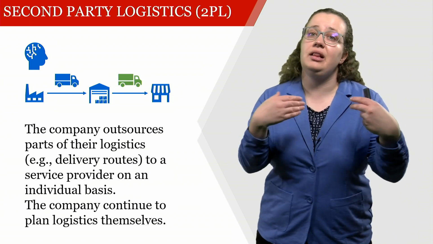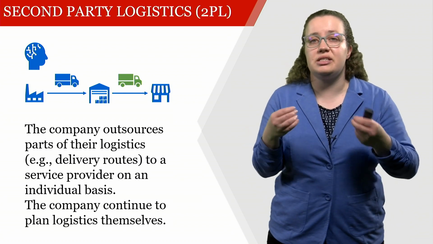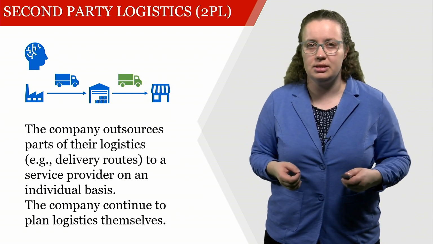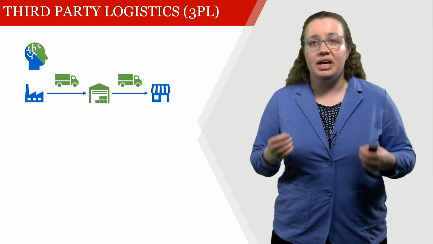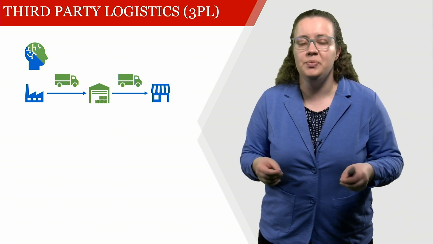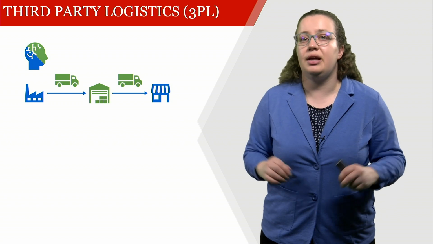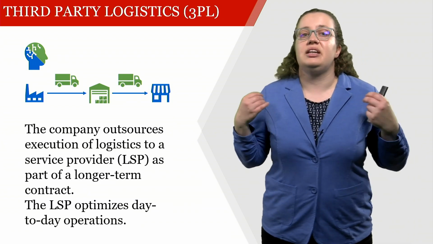If they want to give a little bit more away, because logistics for a lot of companies is not at the core of their operations, then we refer to this as third-party logistics. Then the third-party logistics provider, the logistics service provider, already handles a large part of the logistics chain, but not yet entirely.